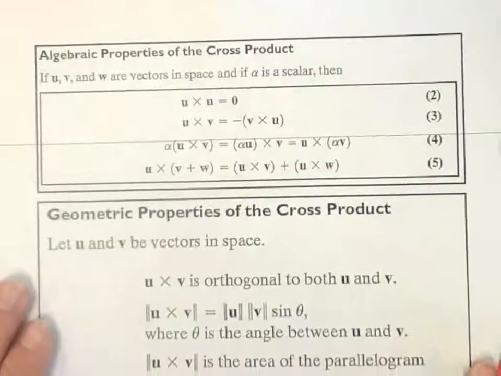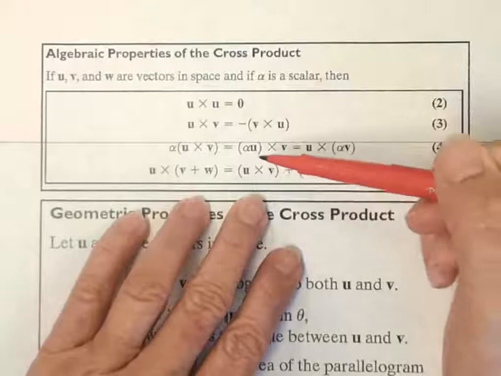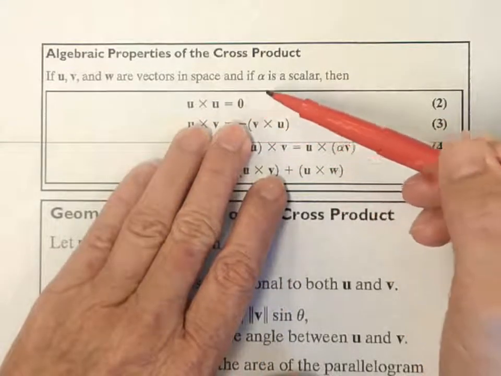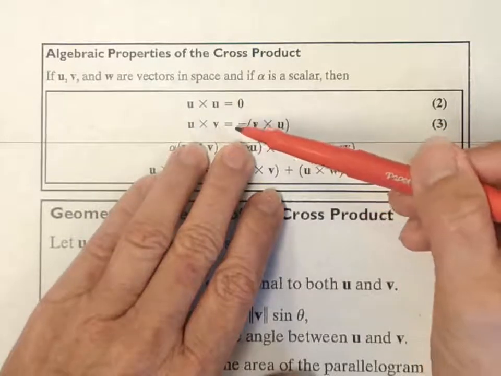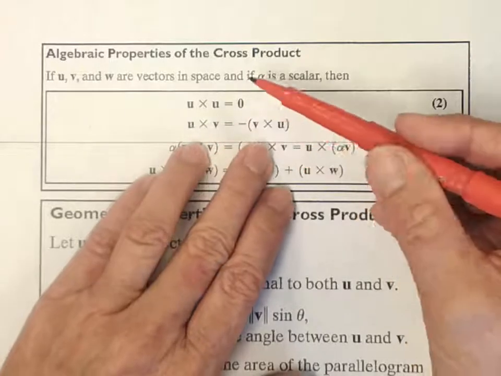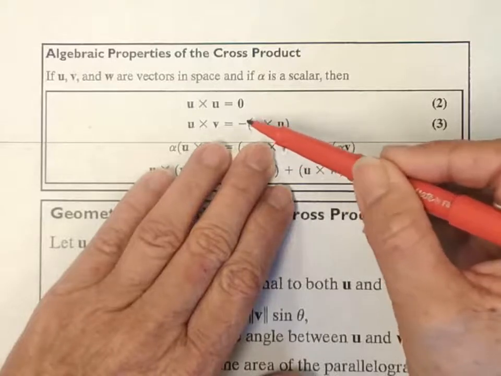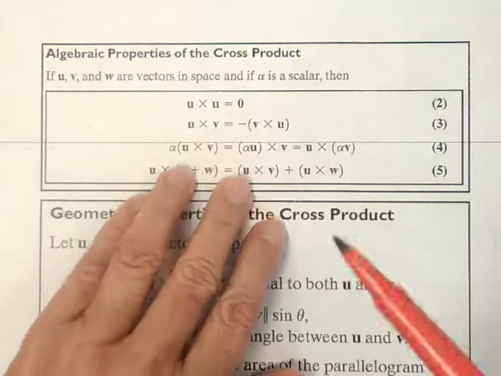Okay, and continuing on, we have some algebraic properties here. If you cross a vector with itself, the result is 0. If you cross in the order of u times v, and then reverse the way you did the cross, so v times u, it is simply the original one with a negative in front of it.